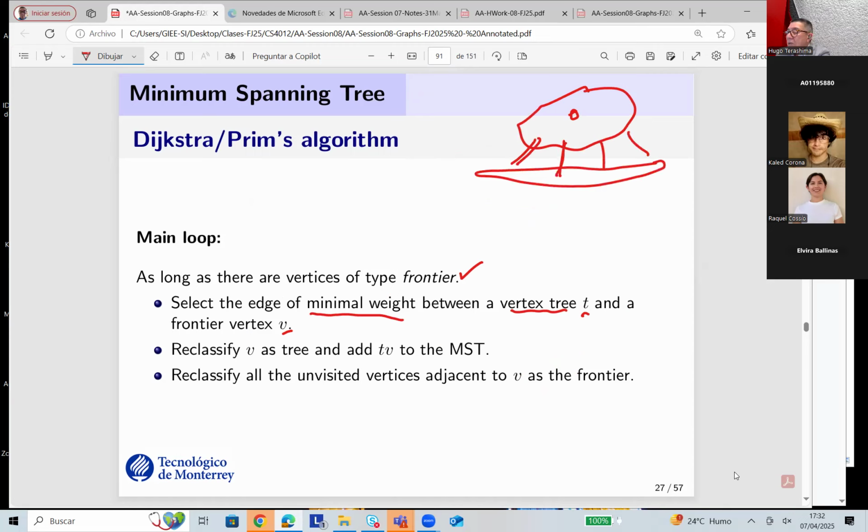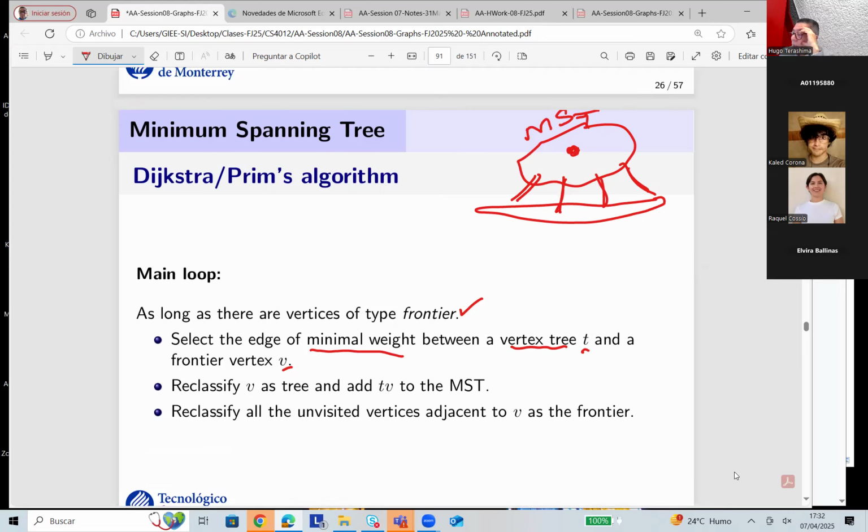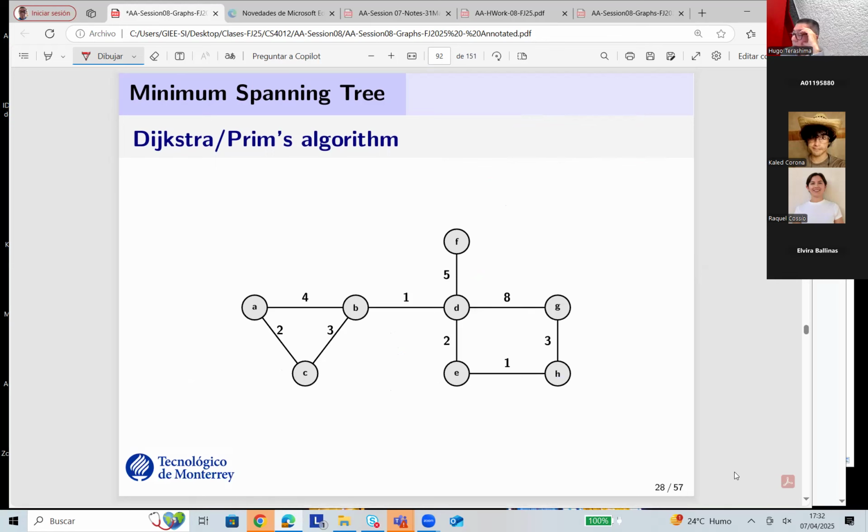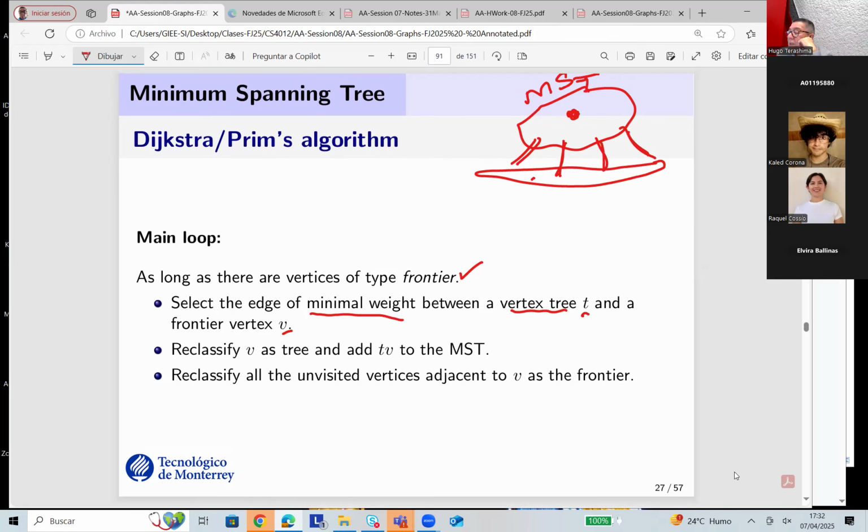And you're going to choose an edge with minimum weight, connecting elements in the MST and elements in the frontier, right?